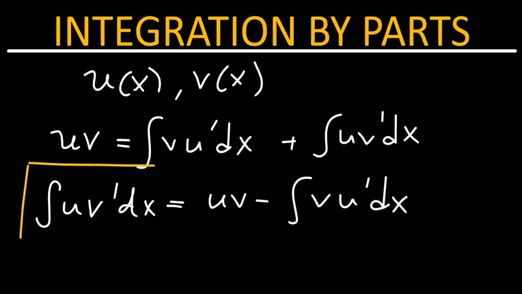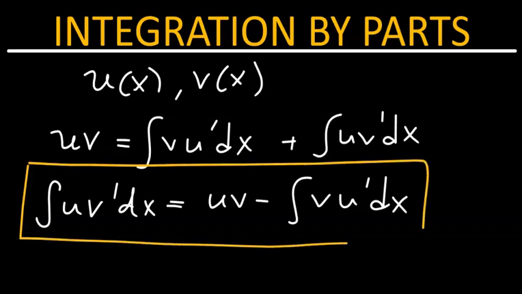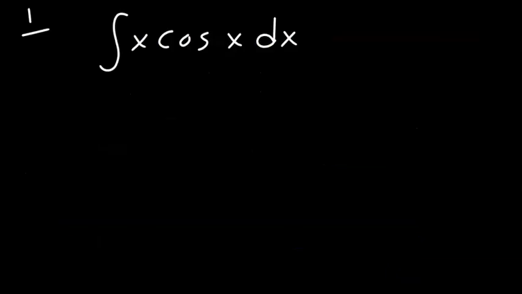The last formula, applying this formula in integration, is called integrating by parts. Let's see how we can use this formula to integrate functions. How do we integrate the function x times cosine of x, with respect to x? We need to choose one function to be u and the other function to be v prime, because remember, this integral is u v prime dx.